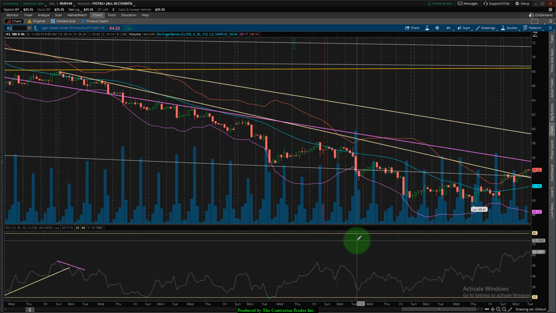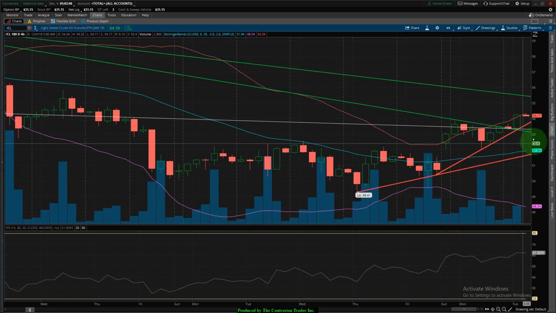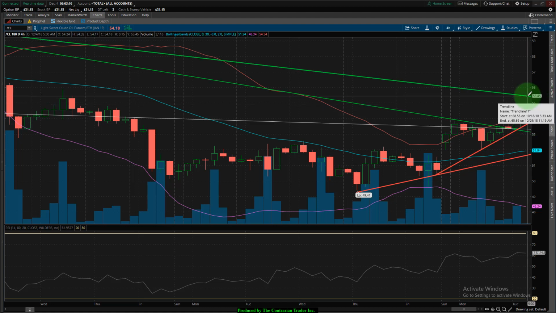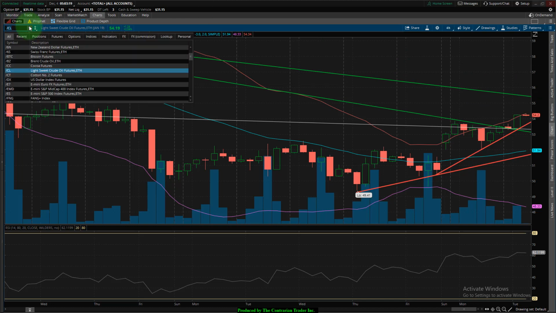So the pullback in the dollar is helping oil. We are not as extended here on oil as we are with precious metals. Now we have broken through price target number 1, which is at 53.31. We are now on our way up to the 55.45, which is price target number 2 on light sweet crude.